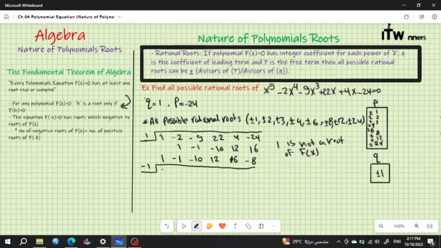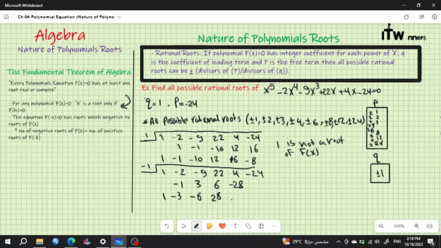Okay, just continue to negative 1. So let's start here. We have 1, negative 2, negative 9, 22, 4, negative 24. So let's start again. 1 and 2, negative 1 equal to negative 1. Here we have negative 3, negative 3 and 2, negative 1 equal to 3. Here we have negative 6 and 2, negative 1 equal to 6. So we have here 28, 28 and 2, negative 1 equals negative 28.